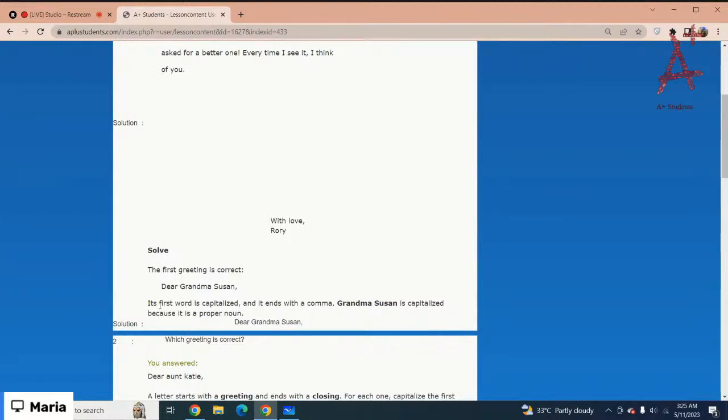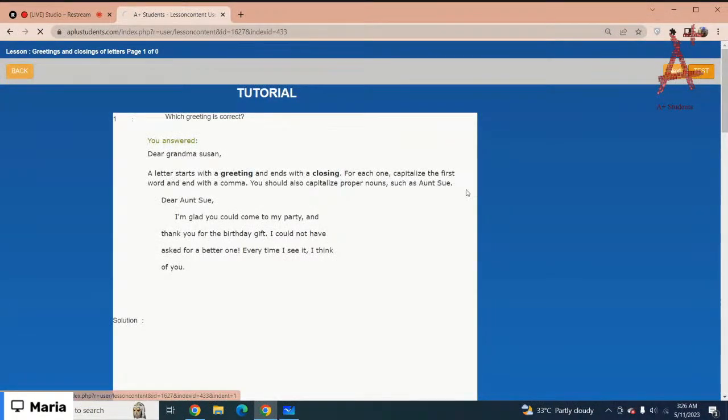So we have to see if the greeting is correct. The greeting is Dear Grandma Susan. They all have a capital letter. The first letter must be capital and they end with a comma. You can see here, With love, you have a comma and then the name. Let's just start with the test questions.